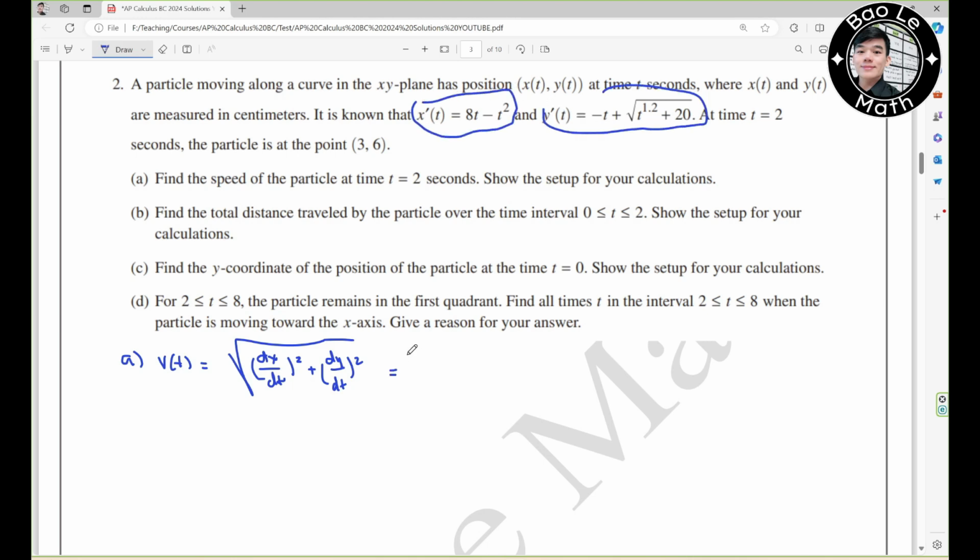So we just substitute values: (8t minus t squared) altogether squared plus (negative t plus square root of t to the 1.2 plus 20) altogether squared. And we need to evaluate this expression when t equals 2.